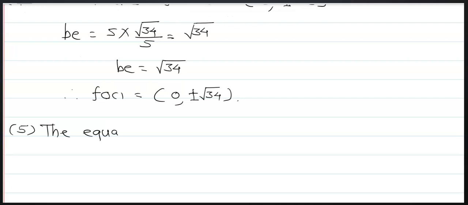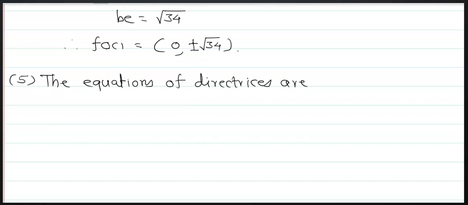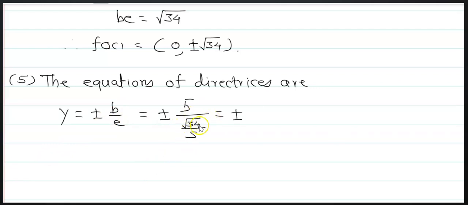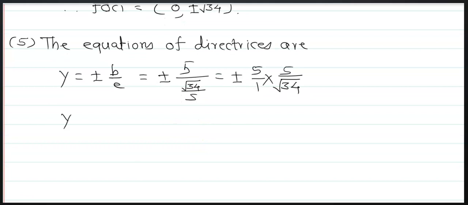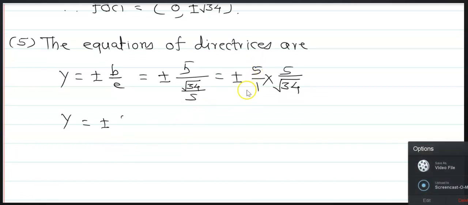Fifth one, the equation of directrix are y is equal to plus or minus b upon e, that is equal to plus or minus 5 upon root of 34 upon 5. Then after simplification, that is plus or minus 5 into 5 upon root of 34, that is equal to plus or minus 25 upon root of 34.